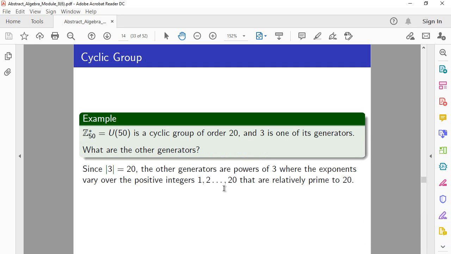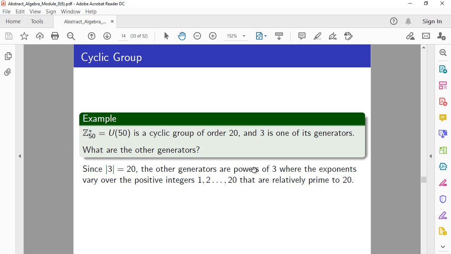Let's do an example. So if I look at Z50 star, you can check that it is a cyclic group of order 20. It's a multiplicative group, and 3 is one of the generators. So the question is, what are the other generators? Well, if 3 is a generator for this group, then the order of 3 must be 20 because that's the order of the group.